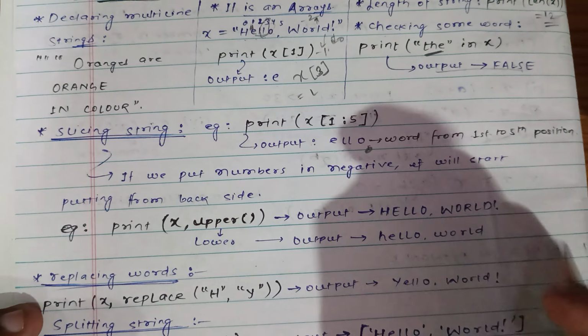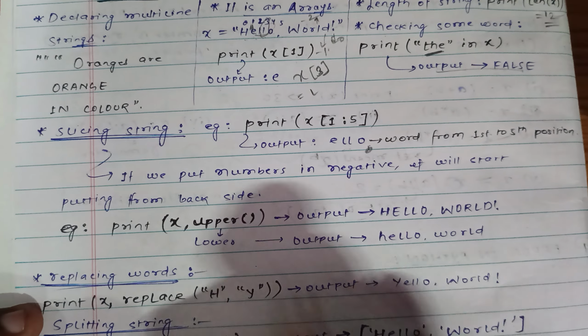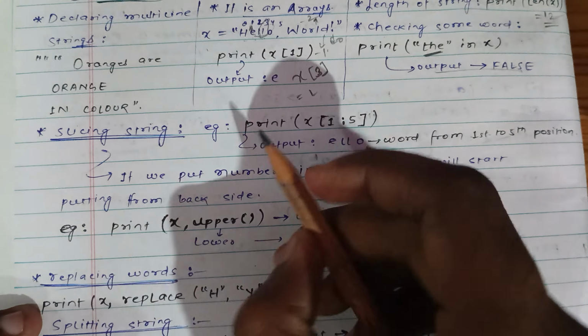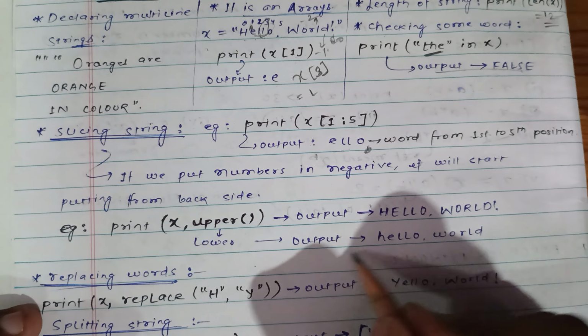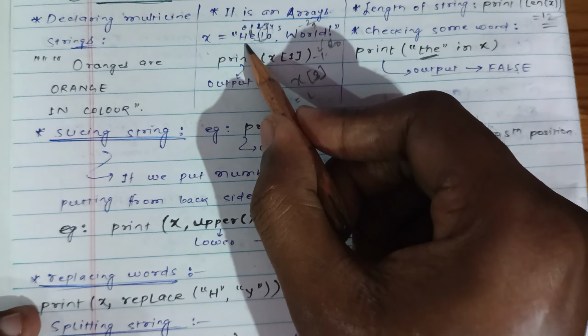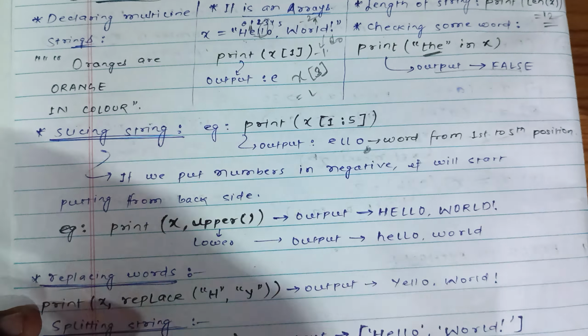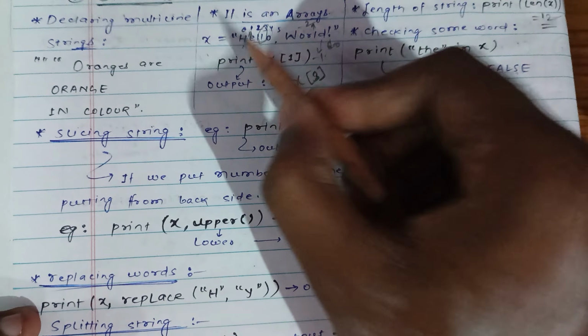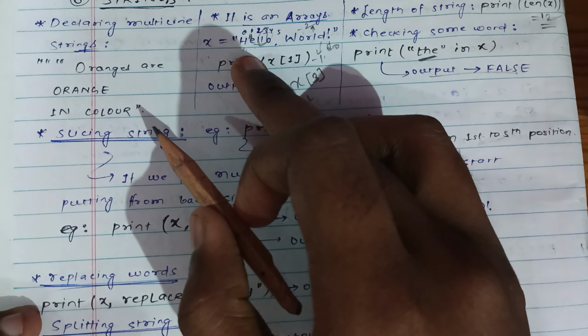Okay, so that's all. Now in case you have written hello world, here the h is a capital letter. Now if we want to make this h lowercase, here it is uppercase, that means capital letter.